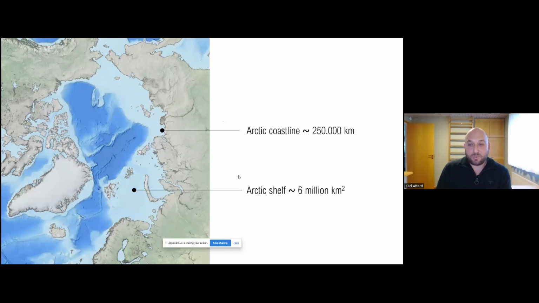So the reason why we focus on the Arctic is because the Arctic has a huge coastline, first of all, and it's also the shallowest of all the oceans. Its shelf area is about 50% of the total area. We know it has these huge shelf areas.